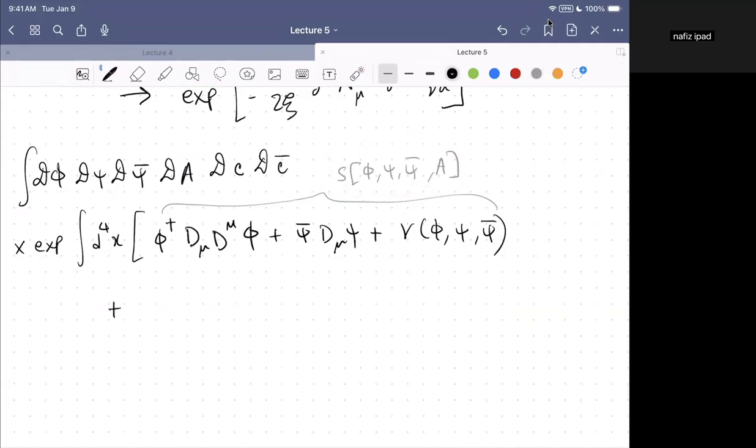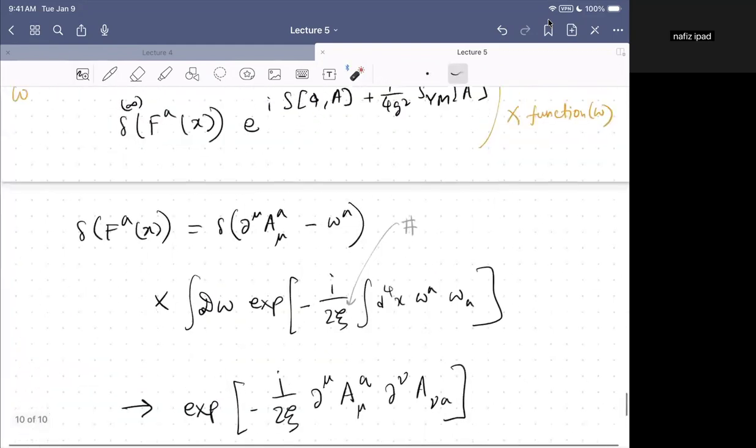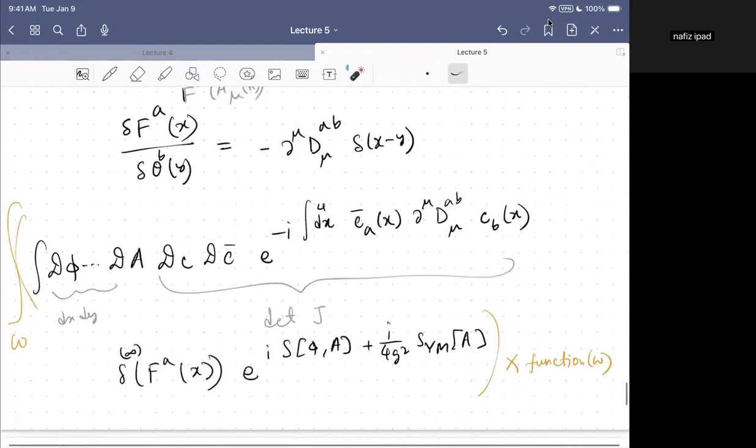Then you added the Yang-Mills term. This is Yang-Mills. And then we have this term.